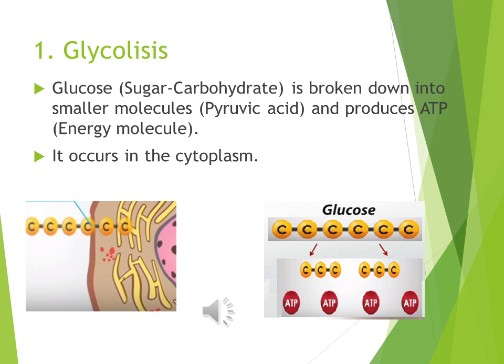Glycolysis is a stage of cellular respiration. Glucose, a sugar carbohydrate, is broken down into smaller molecules, pyruvic acid, and produces ATP, the energy molecule. It occurs in the cytoplasm.